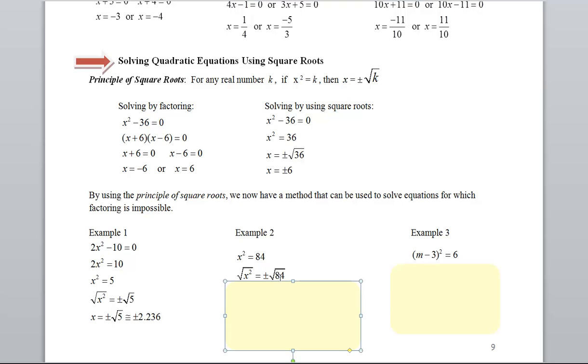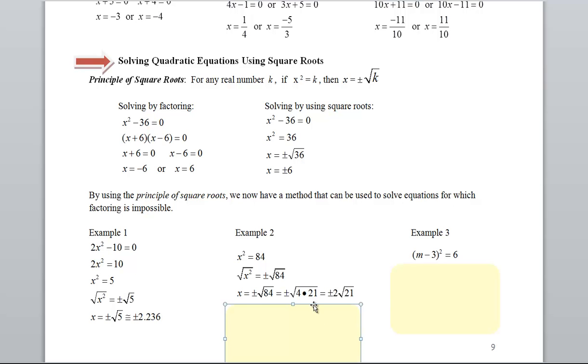If I break my 84 into factors, I would have 4 times 21. Well, if I've got a perfect square, I can pull it out. So here's 84. I always bring my perfect squares up front. So the square root of 4 is 2, but the 21 has to stay in because it's not a perfect square. So this is my exact answer.